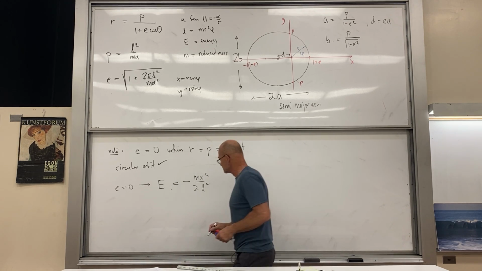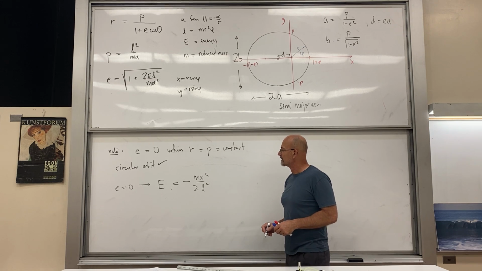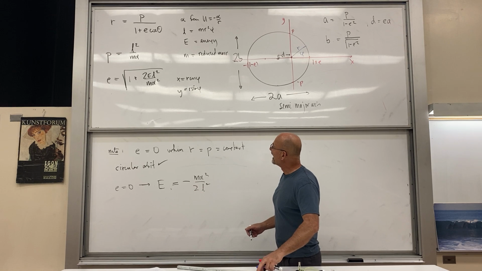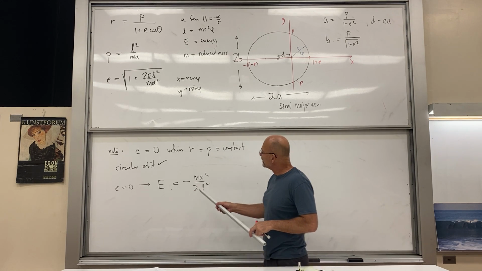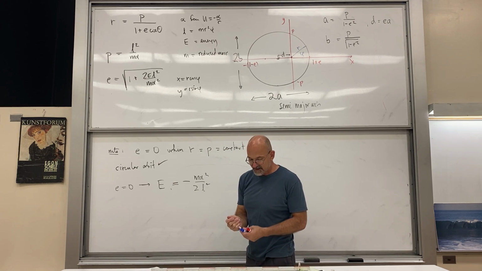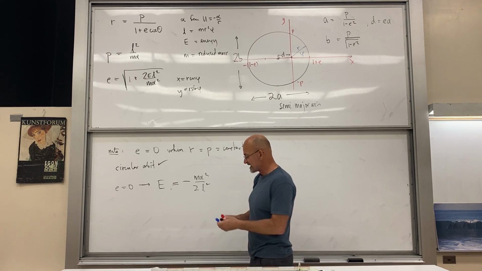Okay. So what about that? Circular orbit has negative energy. In fact, all the bounded orbits have negative energy. So circular orbit, as well as any other bounded orbit, has negative energy.